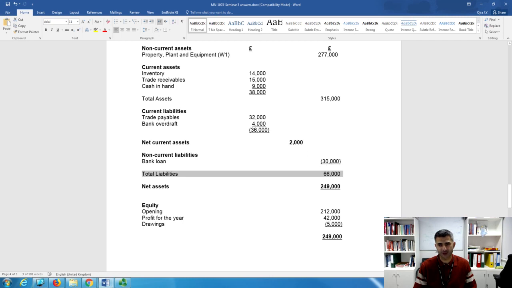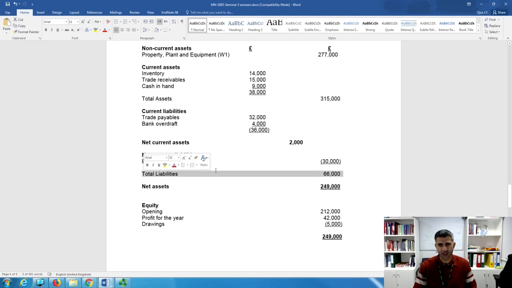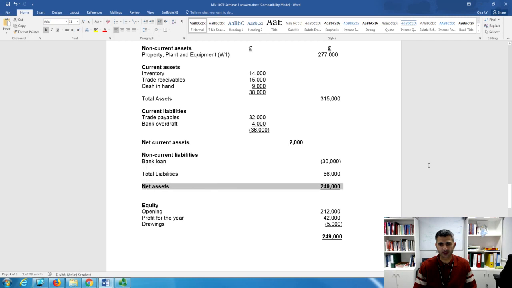Can you see? This is total liabilities, so that equals £66,000. So net assets equal total assets minus total liabilities. So 315,000 minus 66,000 equals £249,000. So the total net assets is £249,000.